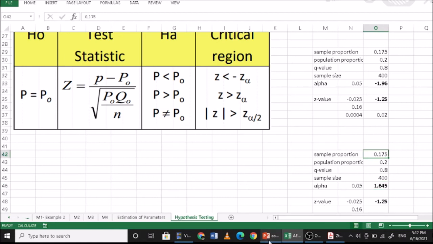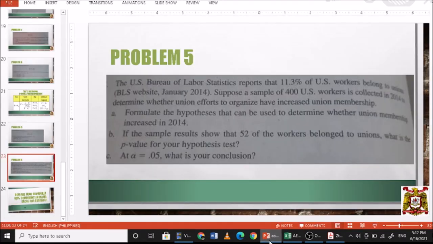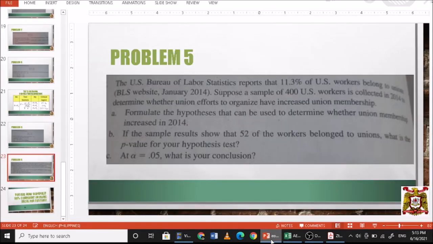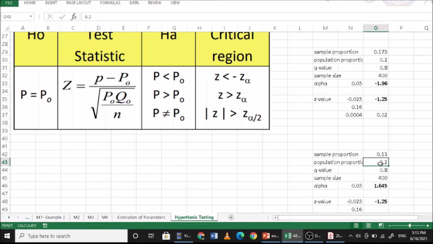Then the sample proportion is 52 belong to union, so this is 52 divided by 400. And the population proportion, 11.3%, is 0.113.